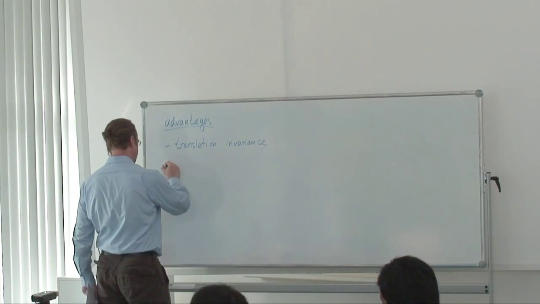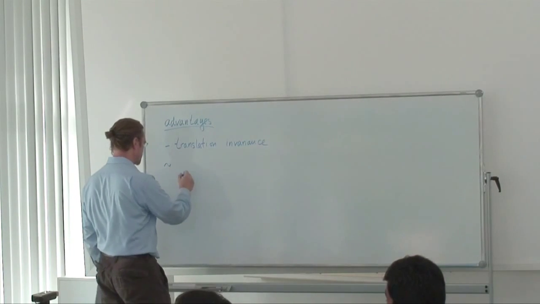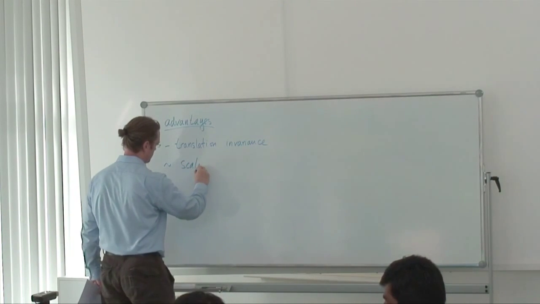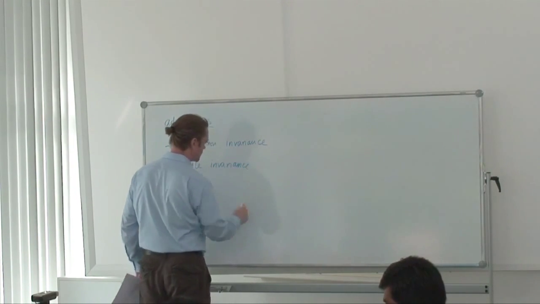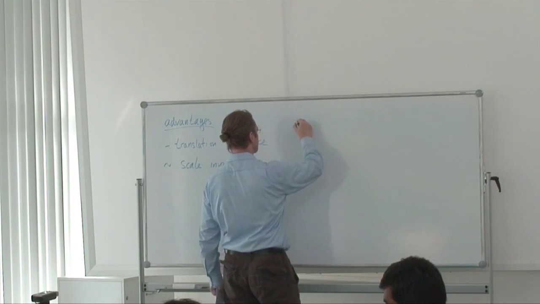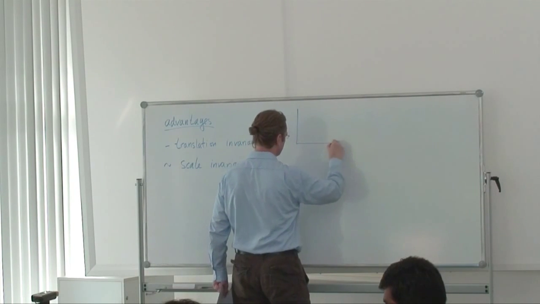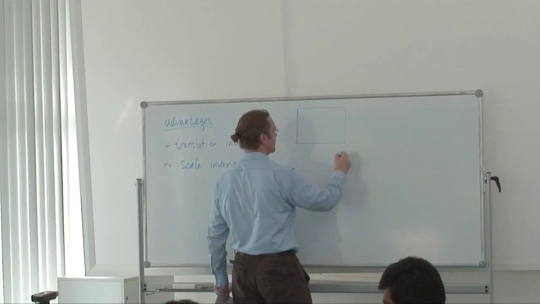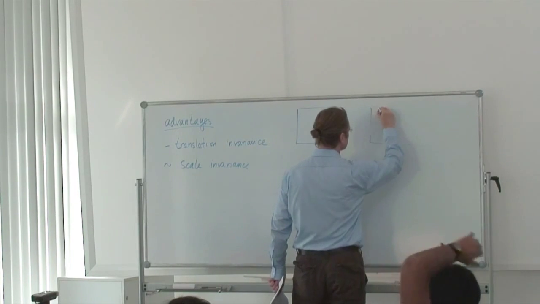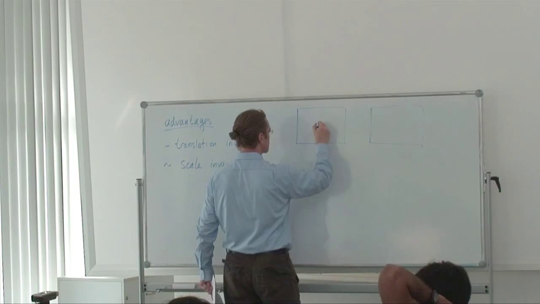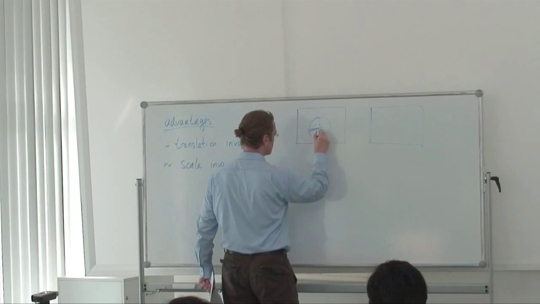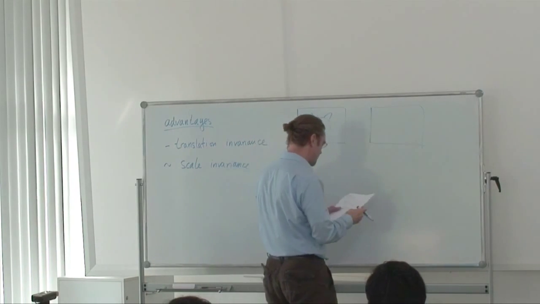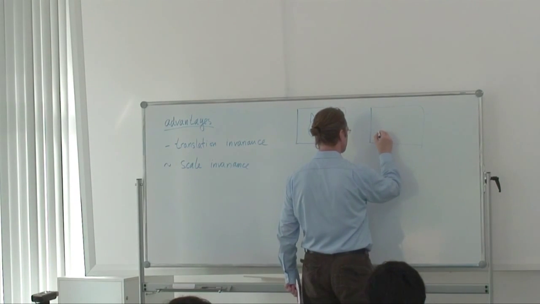We also have, not really, but about scale invariance. And to illustrate that, let me draw you a picture, or actually two pictures. So two pictures, and let's say it was the picture of a cat, and let me actually introduce some translation here.